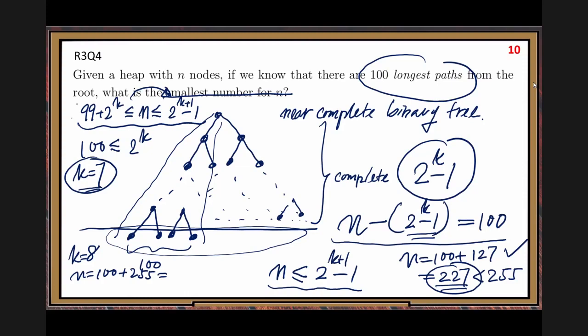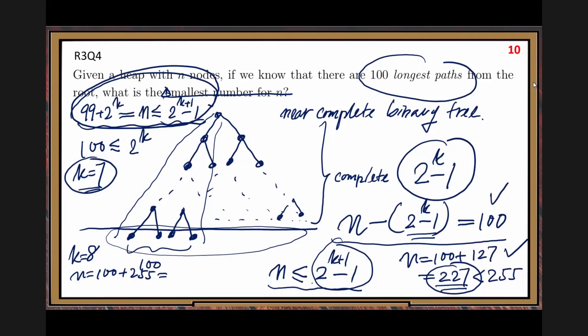Do you feel okay with that inequality? Actually this is an equality when the bottom level is full, because n should be within that level and cannot be more than that.